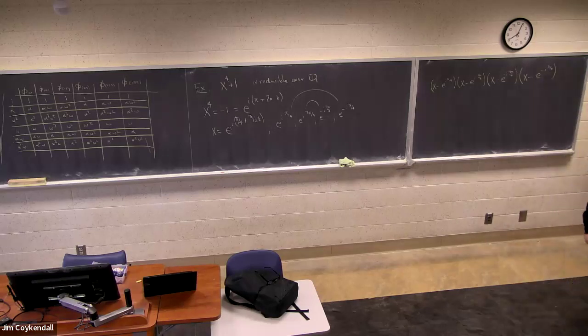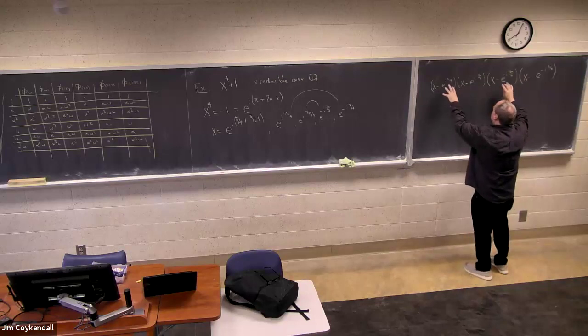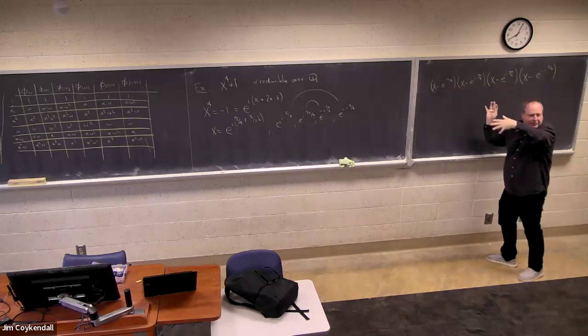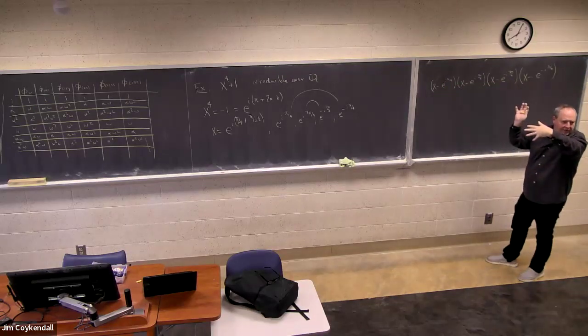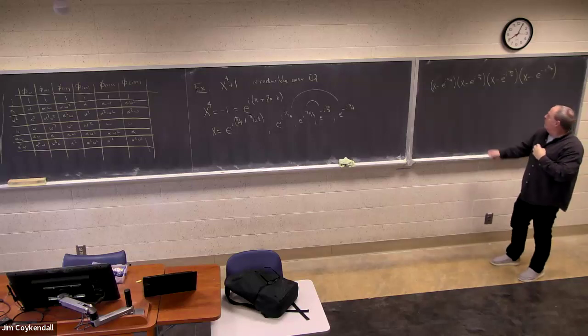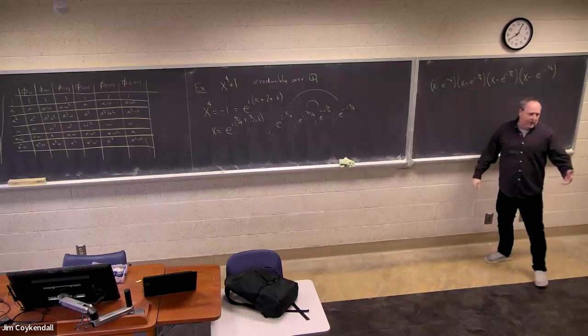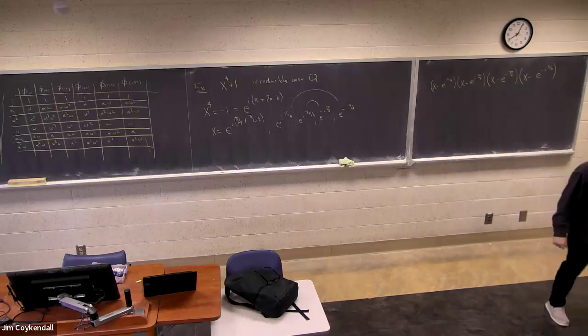Right, look at that. So if this were reducible in the rationals, you'd have to be able to put together some subproduct of this and have it have rational coefficients, right? And notice that none of these roots here are rational. In fact, they're not even real.